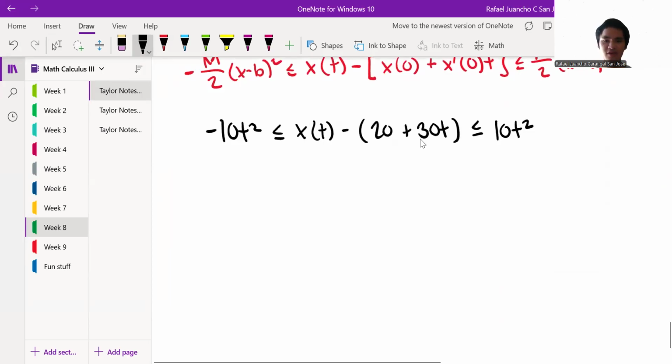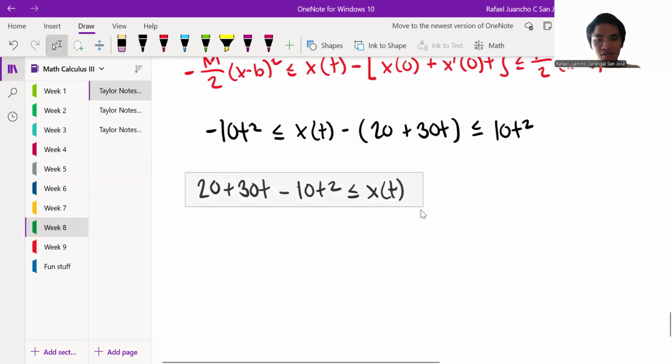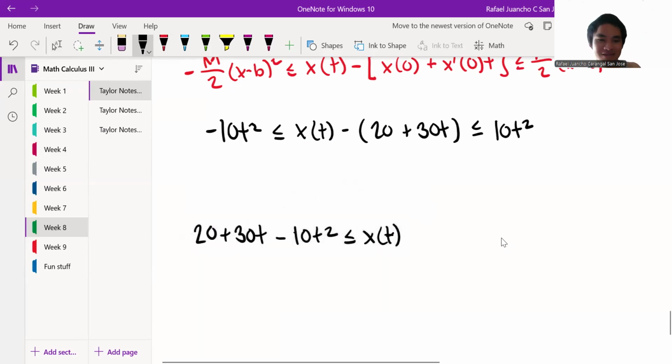And then if we add 20 plus 30t, we add that term to the left-hand inequality, then we should obtain something like 20 plus 30t minus 10t squared less than or equal to this, because we added it, right? So let's say we want to add this term.